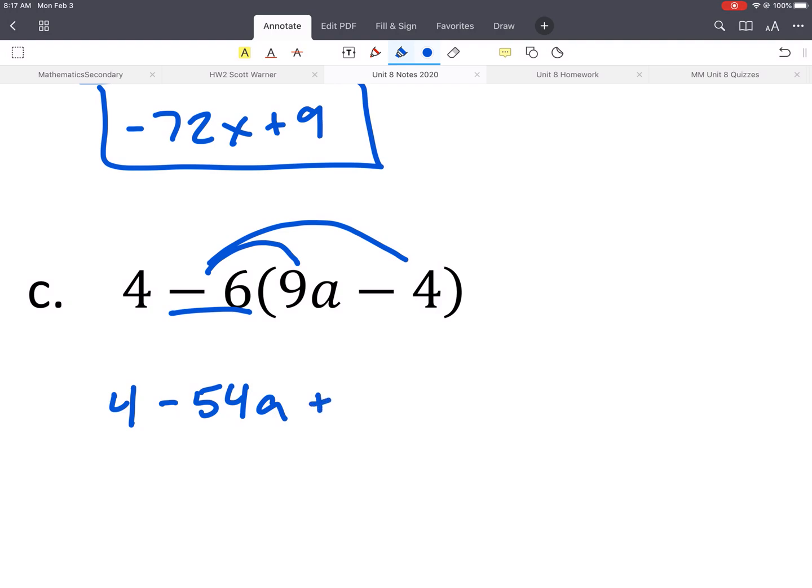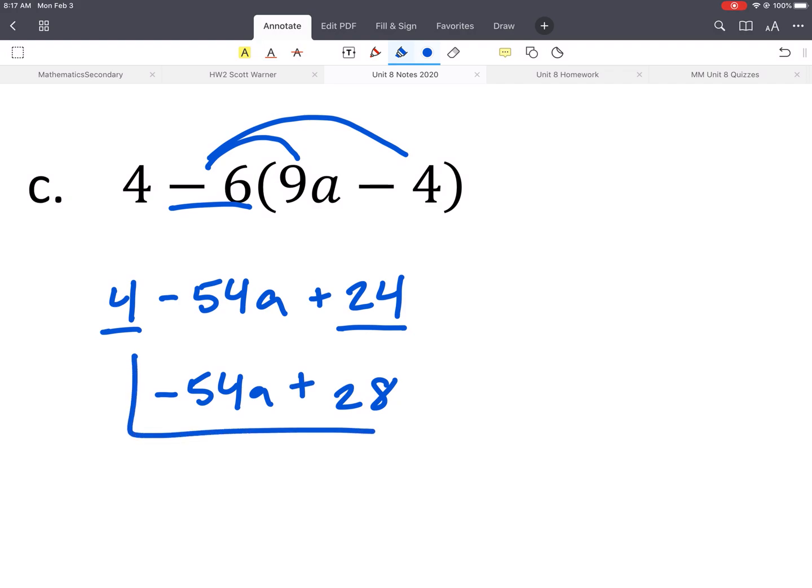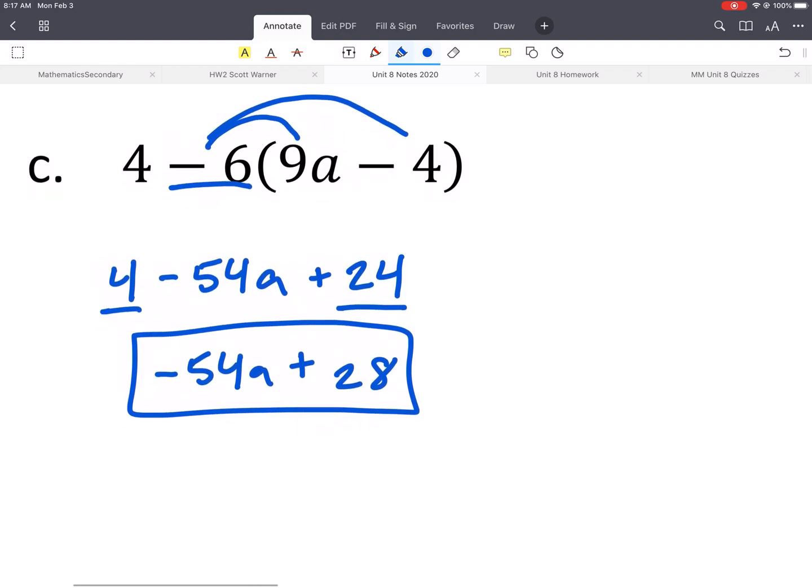So positive 24. And then we'll just combine like terms. 4 plus 24 gives us 28. And you're good.